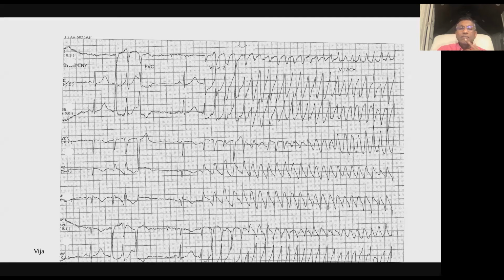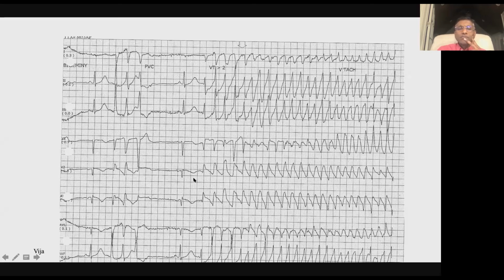Any thoughts now? What kind of rhythm is that? This is what you looked at earlier, and this is the rest of the story. It's not a trick question. What are we seeing on the right side of the screen here?